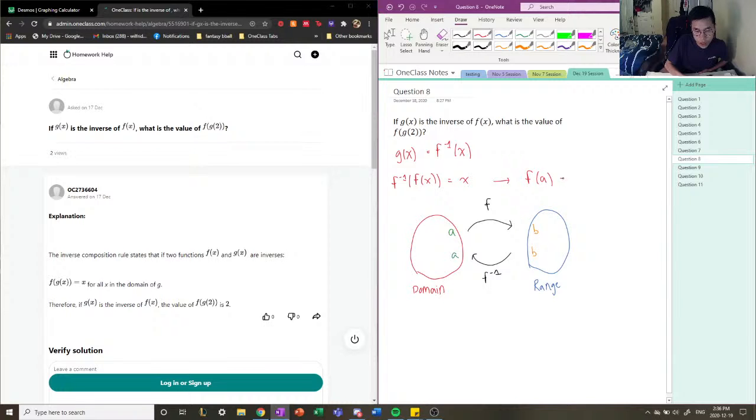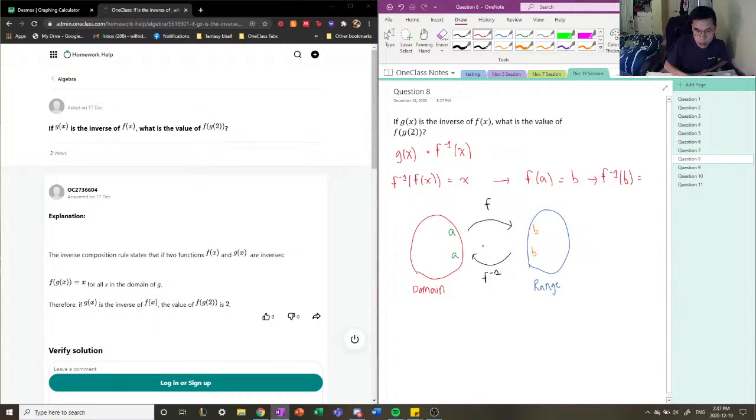We know that f of a equals b. So our compositional function will then take b and pop out a different value. So f of a equals b, then f inverse takes b and it pops out another value.